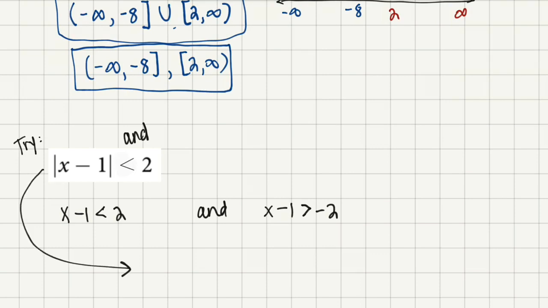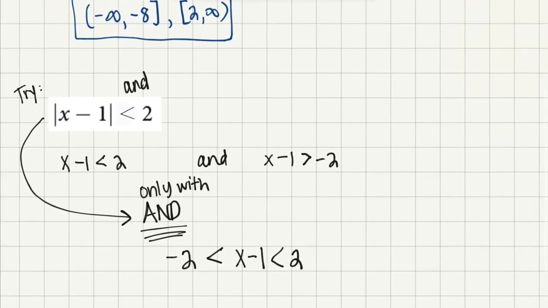But if I want to rewrite this when it's an and, this happens only with and. X minus 1 goes in the middle, less than 2 goes on the right, but greater than negative 2 goes on the left. So x minus 1 is between negative 2 and positive 2.